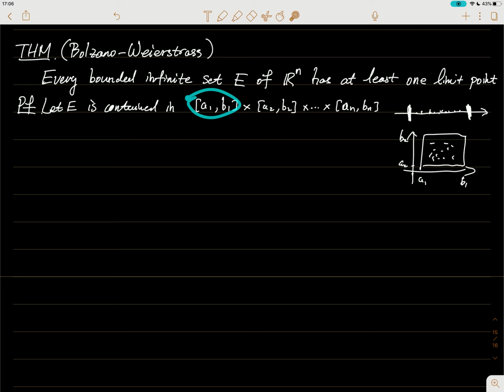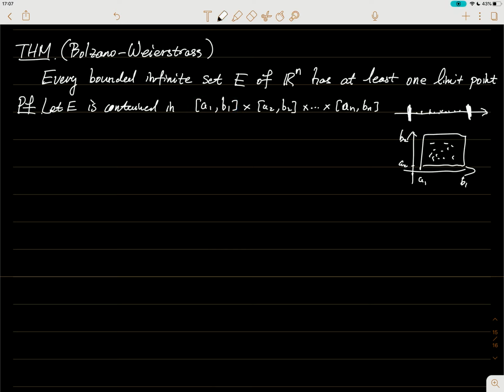So we just apply the one-dimensional Weierstrass theorem, which can show that there's a sequence of points that converge, right? So now I know that I have a sequence of points from E such that their first components will converge because they are bounded in this set.